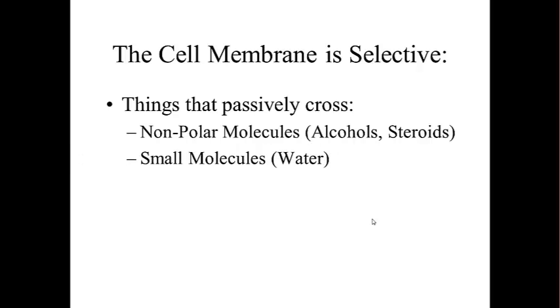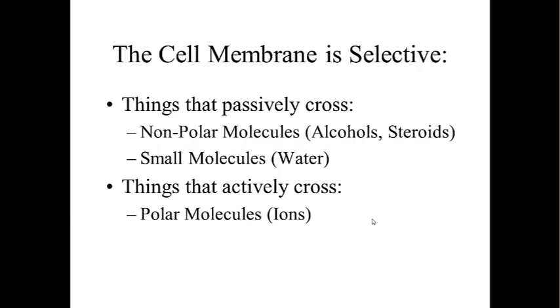Small molecules like water can pass through. Things that actively pass, actively means it takes energy, passively means no energy used. Actively passing across is going to be polar molecules like ions and larger molecules. The larger molecules would be like sugars or any large particles that the cell needs to provide.